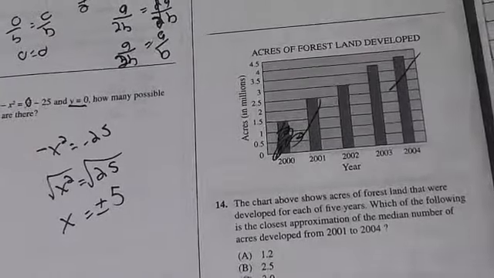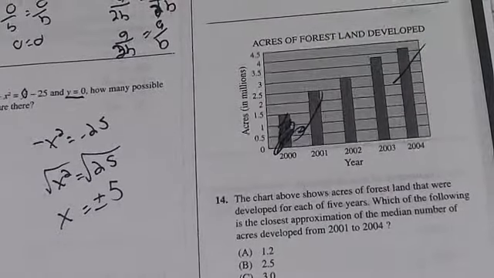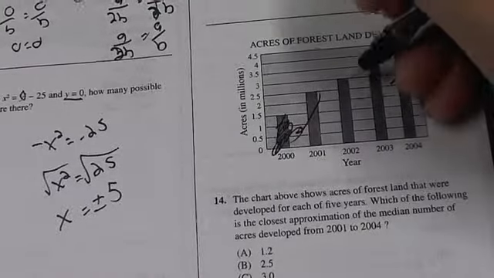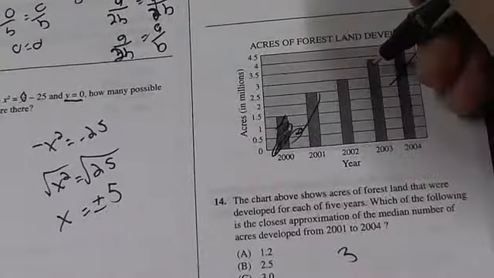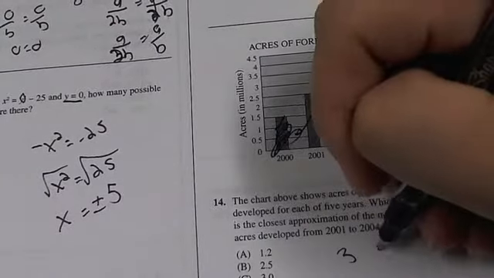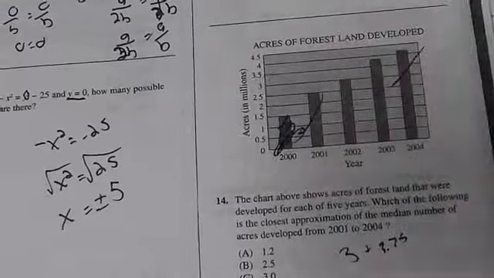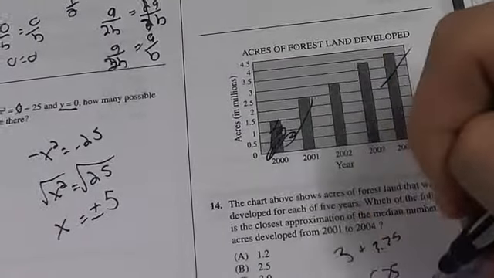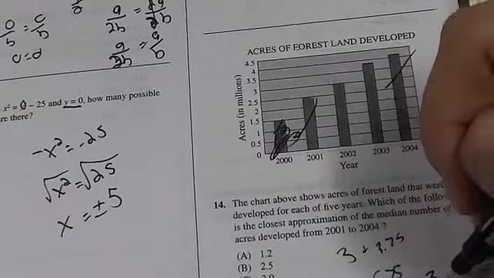You're left with these two. So the median number has to be between these two numbers. So what's between 3 and 3.75? That says 3.75. So that gives you 6.75 divided by 2. That's 3.